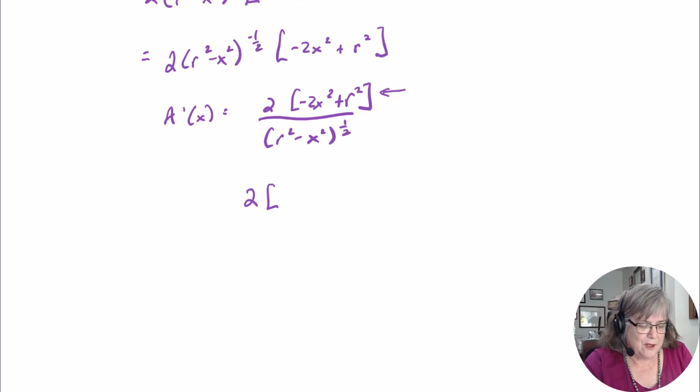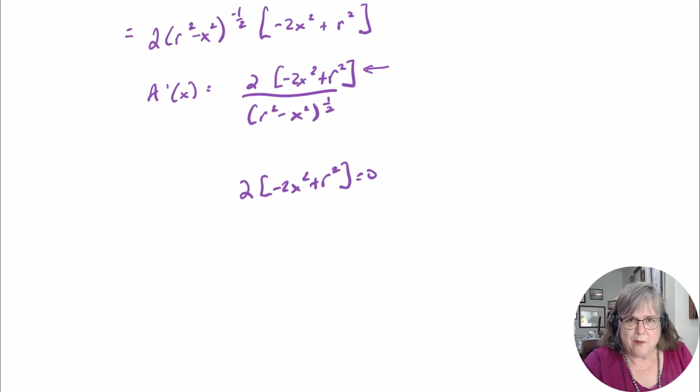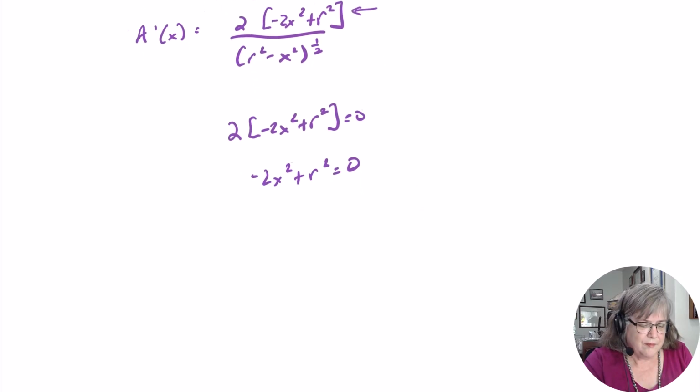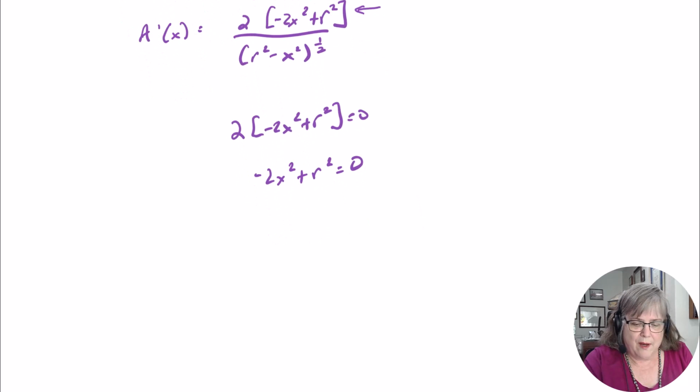Okay, so the question of the day is, where is the numerator equal to 0? And this 2, well, let me write it down anyway. It's not going to affect what's 0, so all I really need to look at is this interior portion. And so we would have r squared is equal to 2x squared.